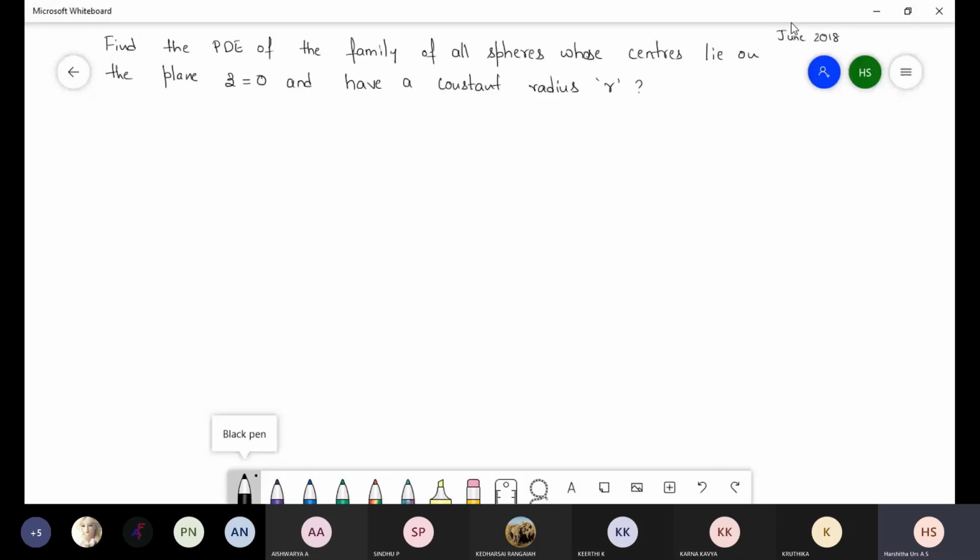Yes, this is the question. So here they asked whose center lies on the plane z is equal to 0.